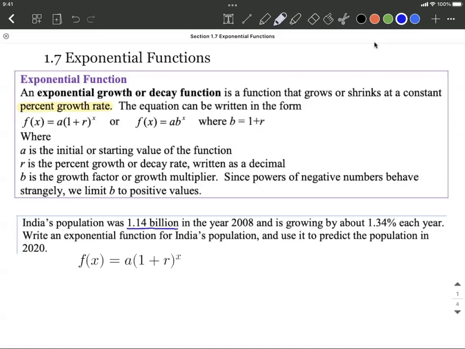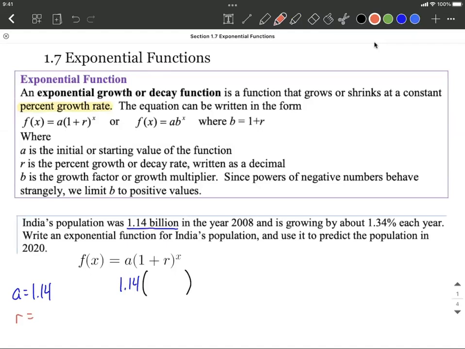So 1.14 billion. That's what they say we have in 2008. So that's the starting amount. So I'm going to put it in here as a 1.14 billion. And I'm not going to put a bunch of zeros after this. I'm simply going to put it in for a, and whatever our answer comes out as is also going to be in billions.